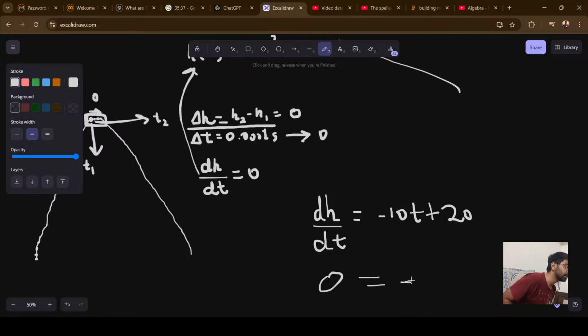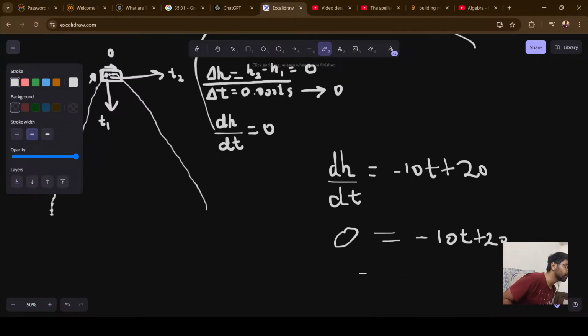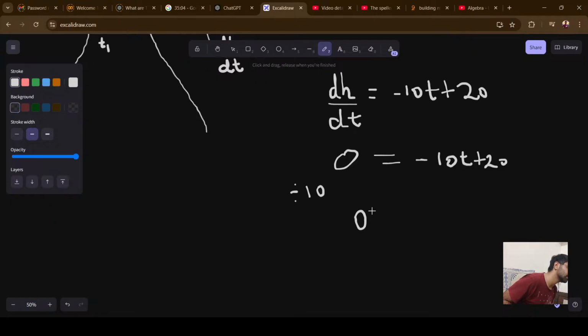Okay, so minus 10t plus 20 equals 0. For the BODMAS rule I need to divide by minus 10.